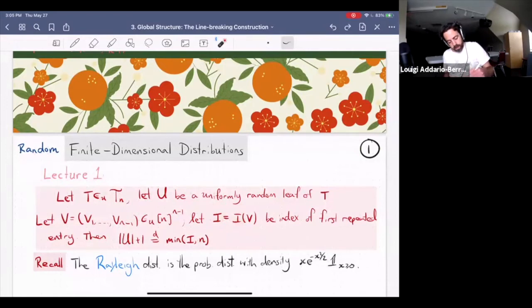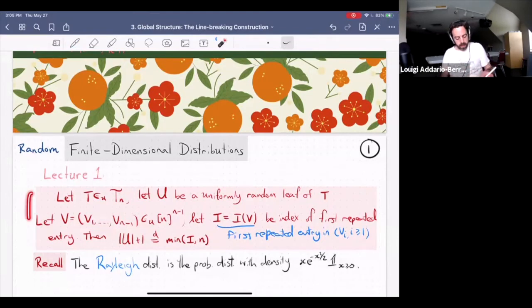So this is the first repeated entry in a longer sequence V_i, i greater than or equal to 1, where we just extend this sequence with additional IID uniform samples from 1 up to n.